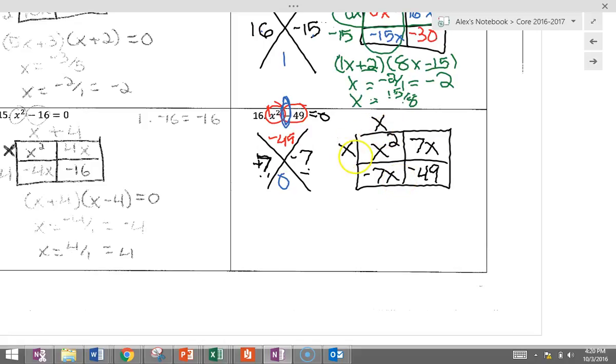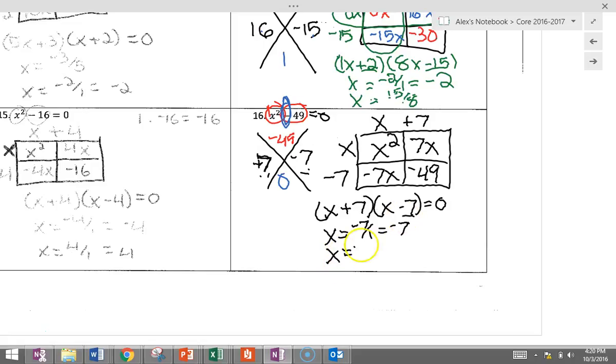So I know it's x times x plus 7, x minus 7. x plus 7, x minus 7 equals 0. So x equals, this is a negative 7 divided by 1, which is negative 7. x equals, this is a positive 7 divided by 1, which is simply positive 7.